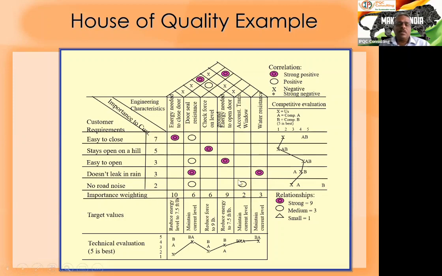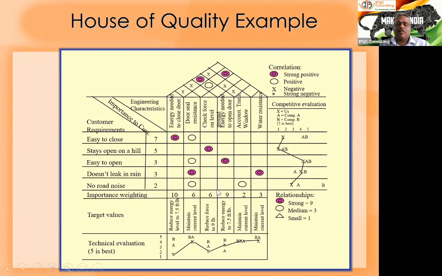In this portion, you are connecting customer requirements with the design characteristics using three symbols. One is the double circle, generally called strong positive; single circle, moderate; and there is a triangle we use in some other form. These are the three symbols we use: strong, medium, and small.